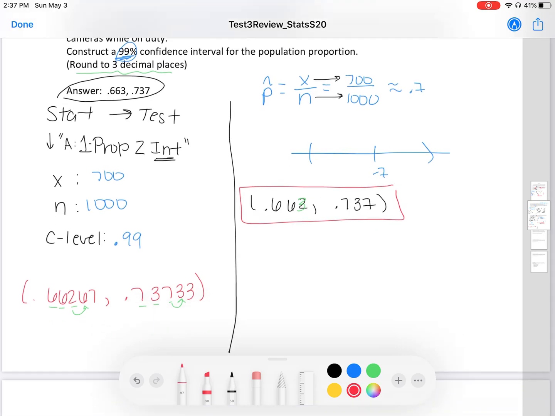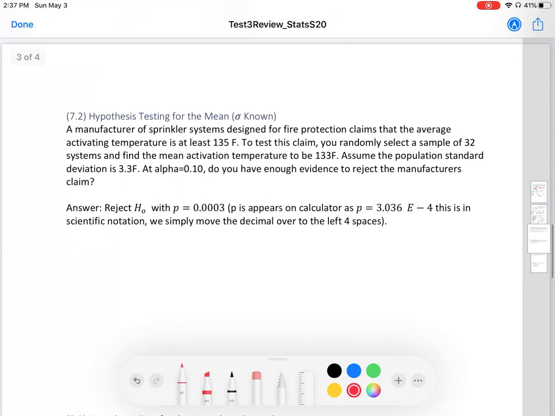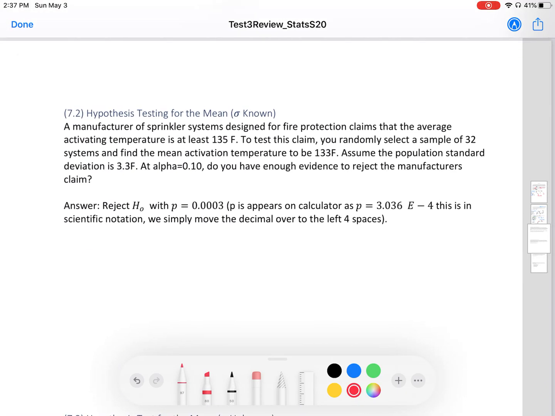All right, we're going to go on to chapter 7, hypothesis testing. So for hypothesis testing, the idea of this is you're being told some fact and you want to test it to make sure it's true or not. Well, to make sure whether you believe it or not. I think that's a better choice of words.